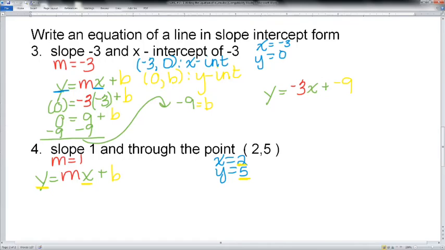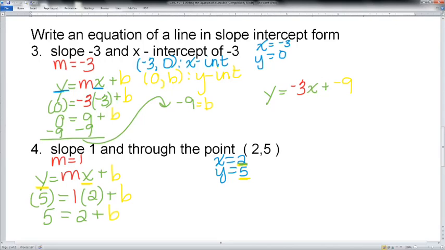So I have 5, which is the y-coordinate, is equal to m, which is 1, times x, which is 2, that's my x-coordinate over here, and I'm trying to solve for my b. I don't know what that is yet. So I have 5 is equal to 1 times 2 is 2 plus my b.